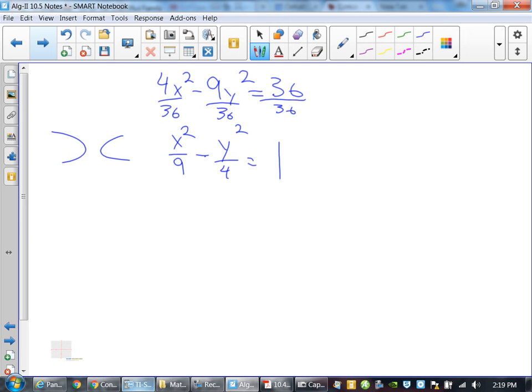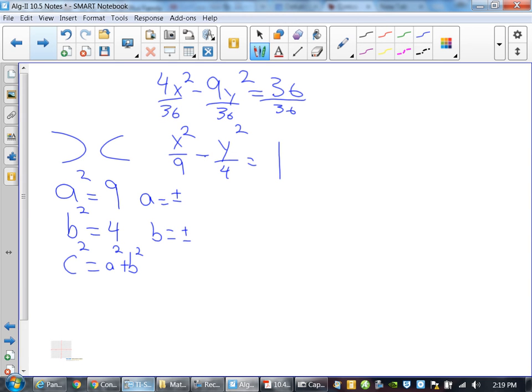And now you start by labeling. If we know that a squared is 9, b squared is 4, and c squared is a squared plus b squared, what is the square root of 9?